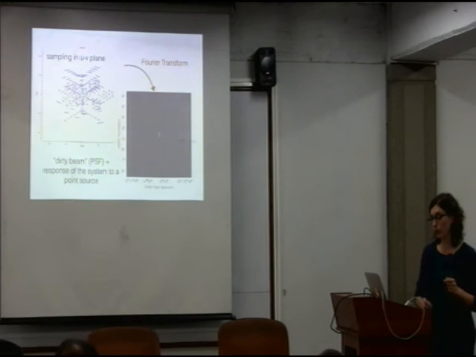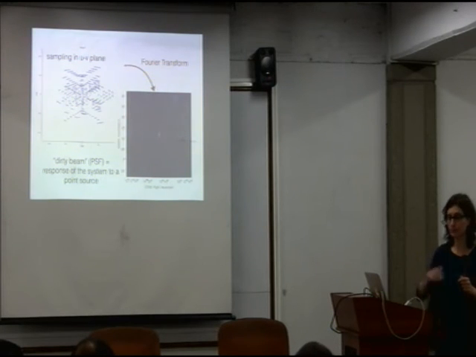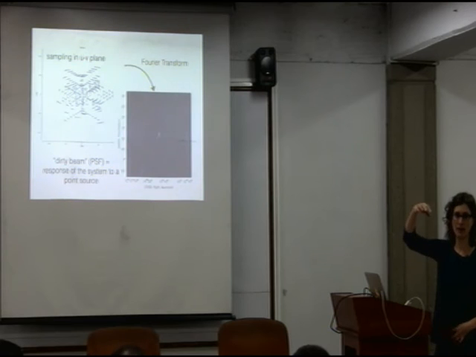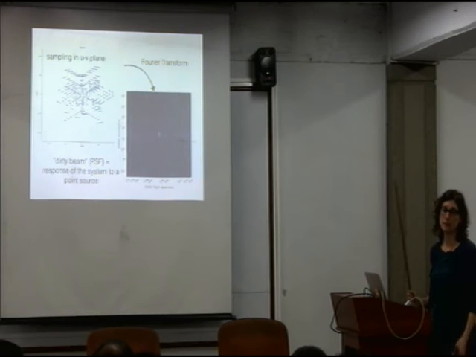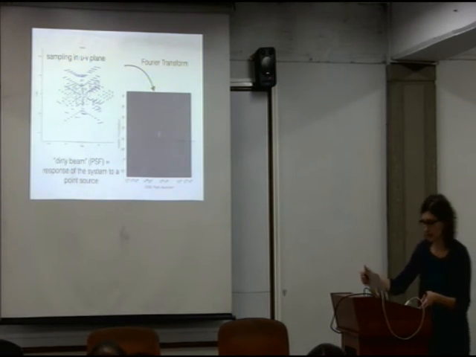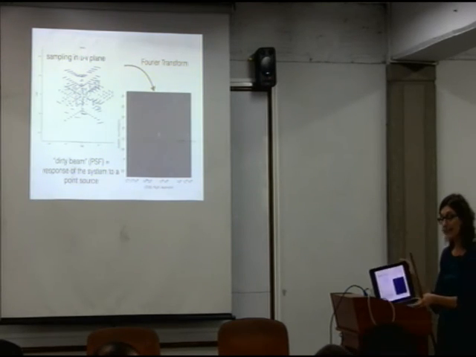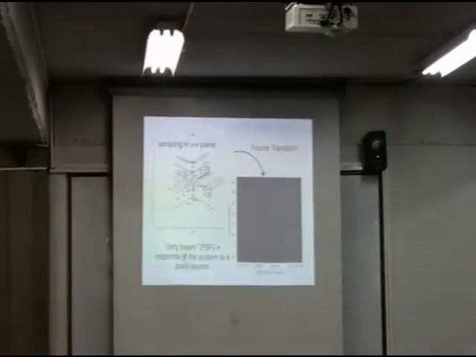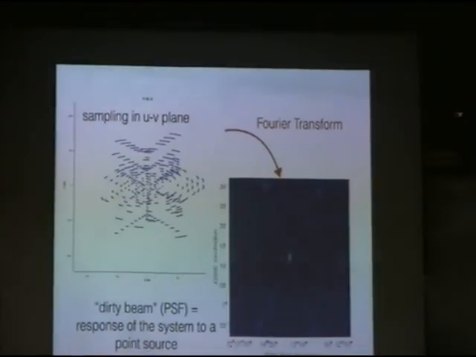So that's why I was trying to explain that exercise that we made, imagining that we have a point source and how the telescope would respond to it. It is what we call the dirty beam, which tells you how well you can resolve things in the sky. You don't see it very clearly, but perhaps you can see that there is a pattern, because of the UV coverage, the way the telescope is aligned and the rotation.